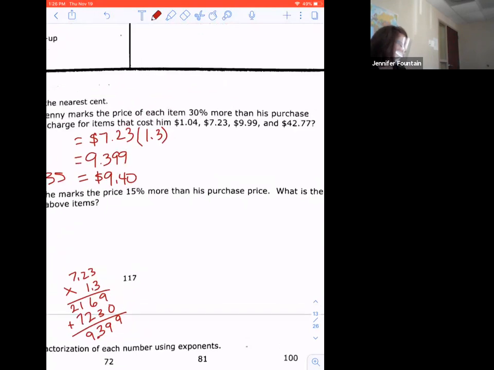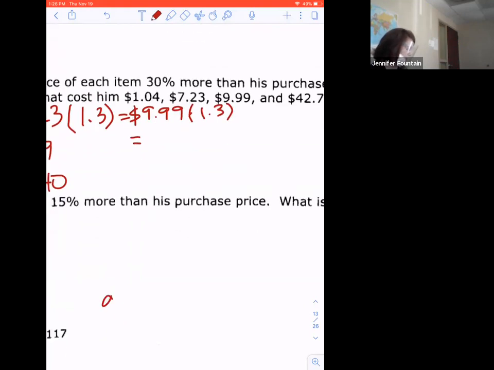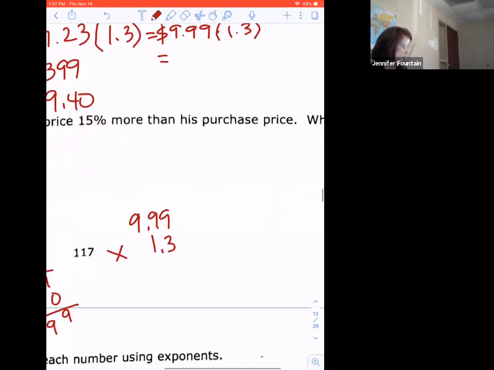All righty, $9.99 item. Okay, so we've got $9.99 times 1.3. 9 times 3 is 27.